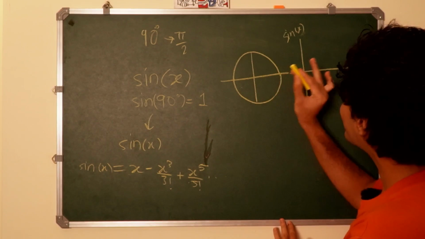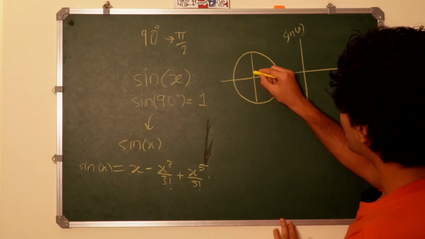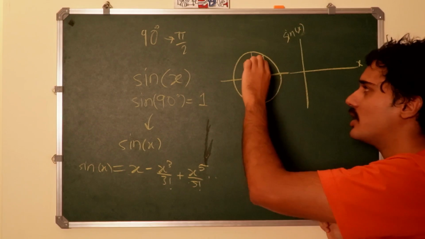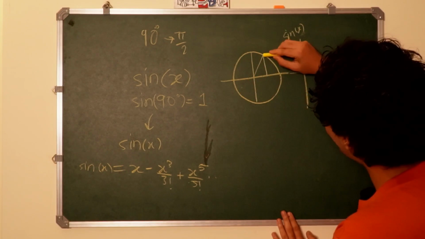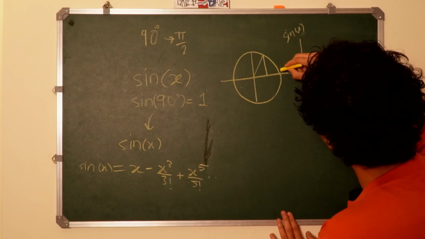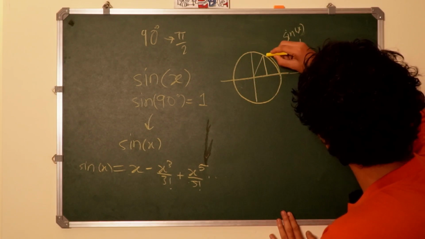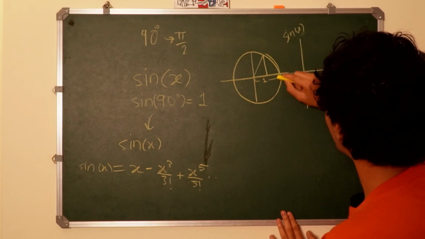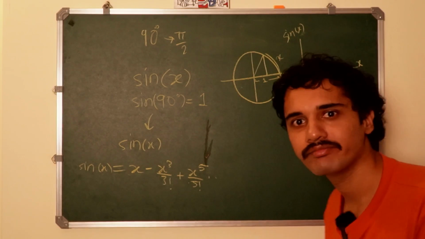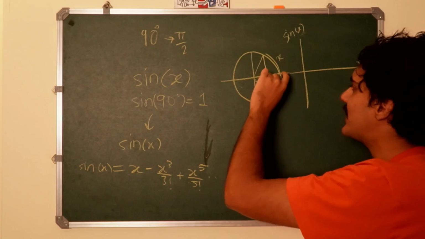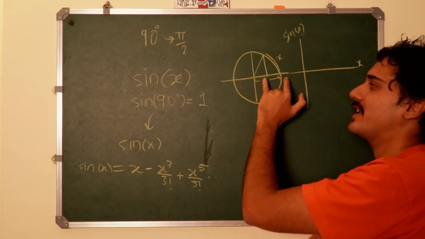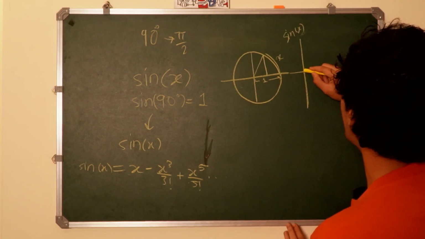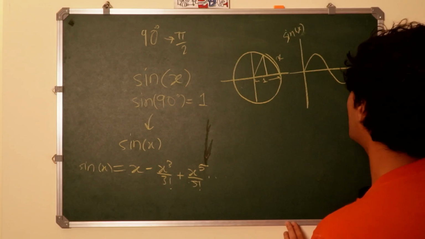So sin x is defined to be the length of this vertical bar on a unit circle, so this radius is 1, when the length along the arc is x. So when this length is x and this radius is 1, the length of this bar is sin x, and so you have sin x that looks like this and so on.